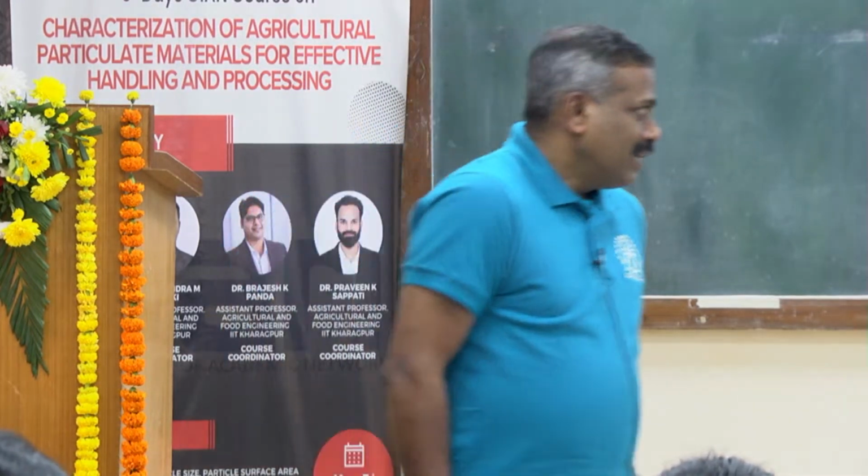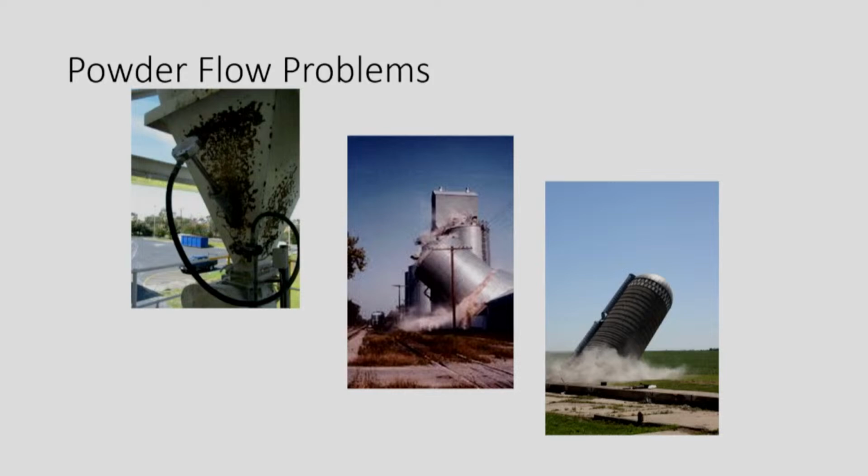So if there is non-uniform flow, then there will not be equal stresses on both sides, right? The stress will be non-uniform across the silo walls. So if the stress is not uniform, it will break.